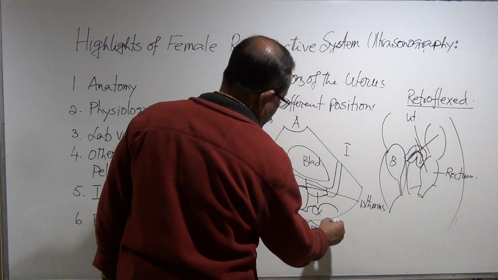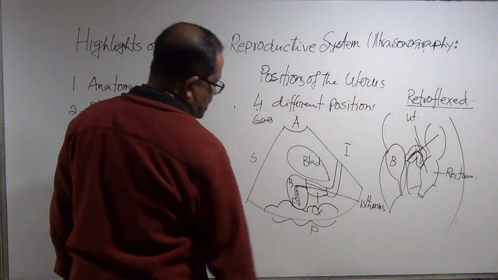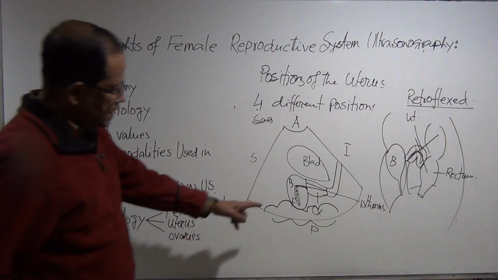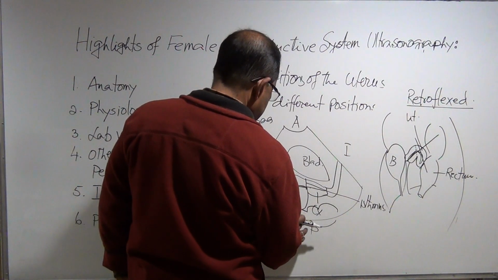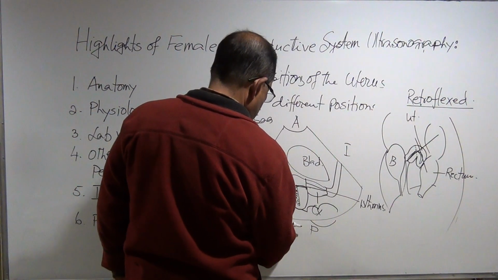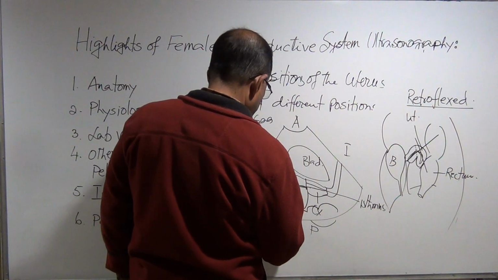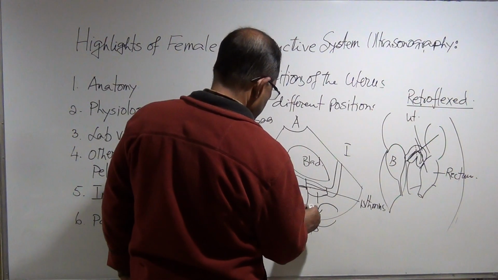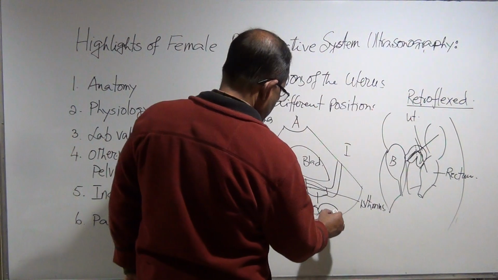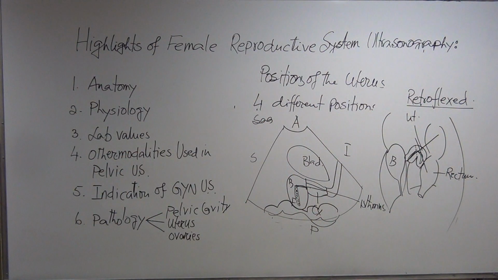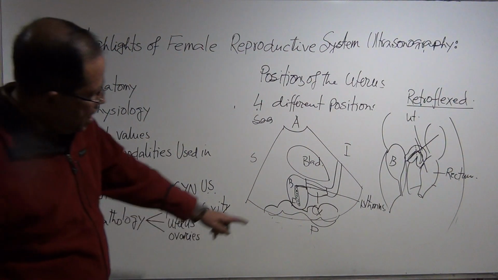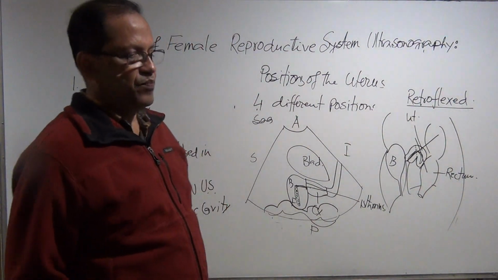And who is here? Rectum. Look at here, in retroflexed, the rectum is compressed by the fundus of the uterus because it is turning back towards the rectum.